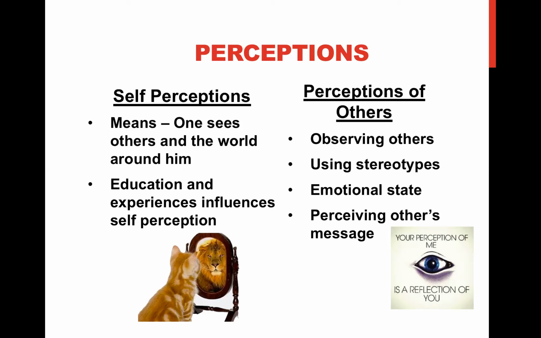We're upset about flunking a test, and you might be angry with the teacher. And there's perceiving others' messages. Sometimes we don't always understand what people mean. We perceive it in our own way. A good example of that is email. You can't read intonation in email, so you may perceive a message that is not necessarily negative as negative. But that's your own self-perceiving what the other person thinks.